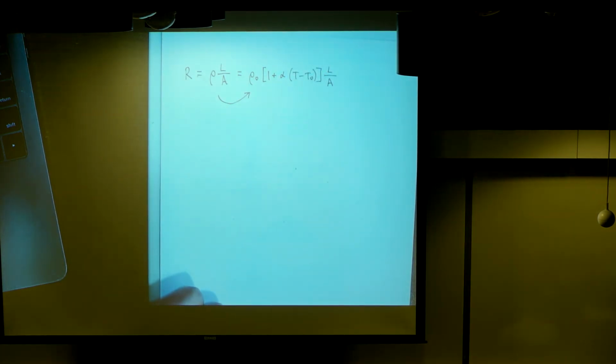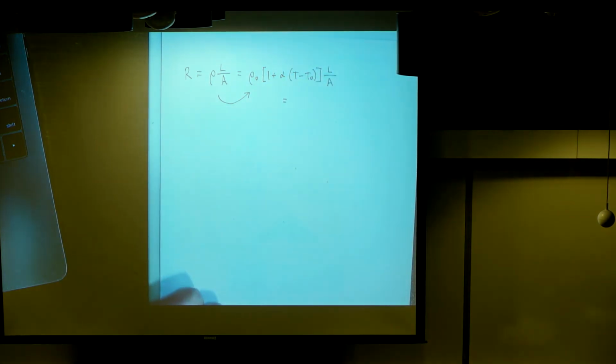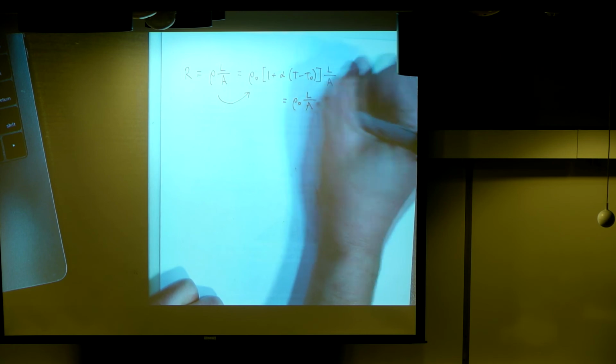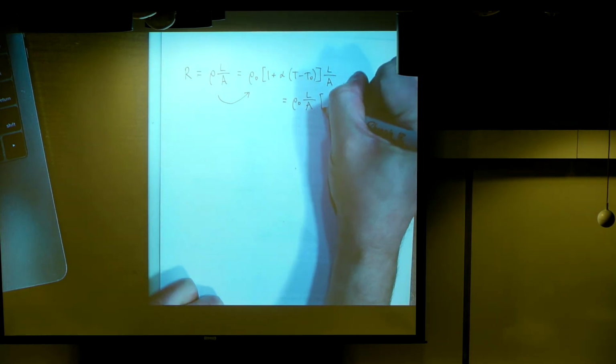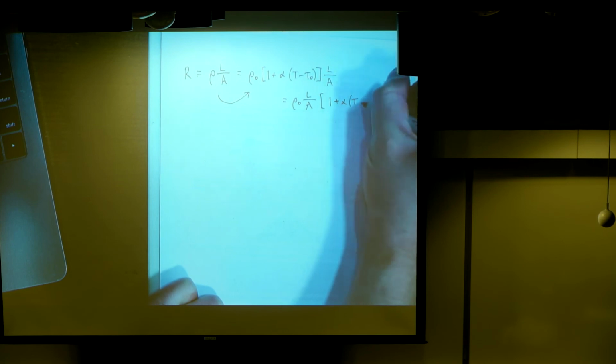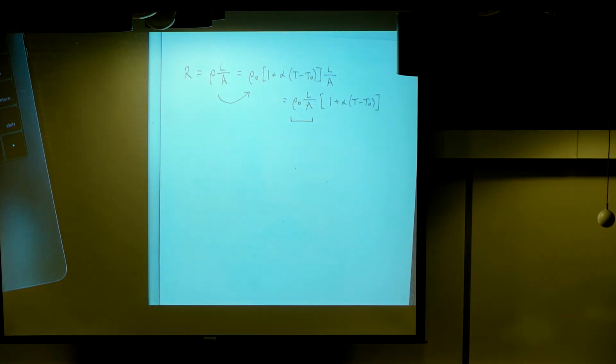Does that make sense? So to shuffle things around just a little bit, I'm going to write this as rho naught times L divided by A, just sort of group that together, times what's in the brackets, 1 plus alpha (T minus T naught). So this set of constants out front, what is that?